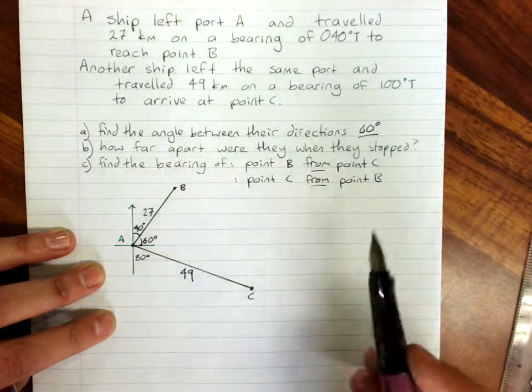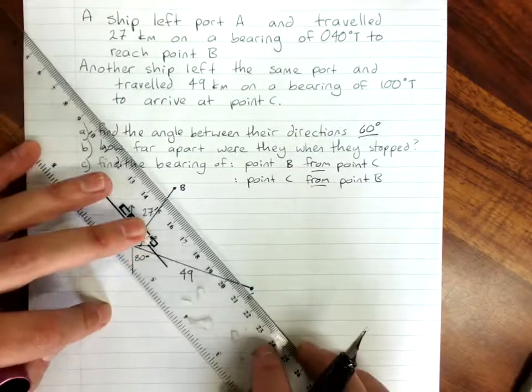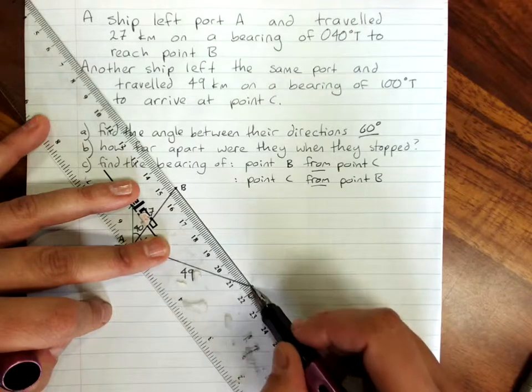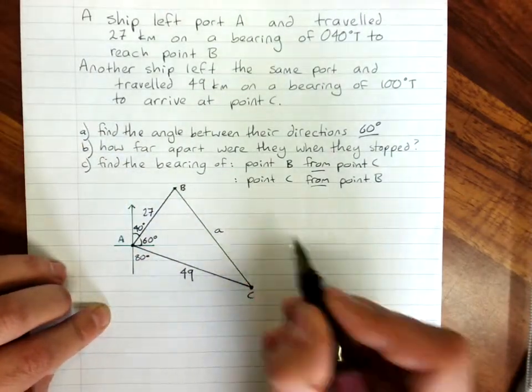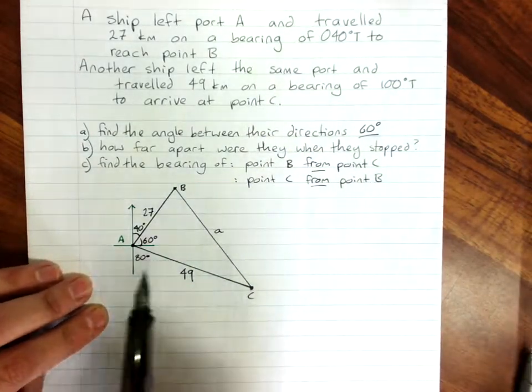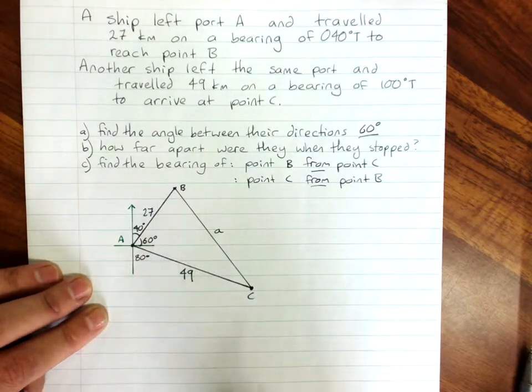How far apart were they when they stopped? We'll close our triangle. And that is distance A. If you wanted, if you're feeling uncomfortable with it, you could redraw just that triangle.